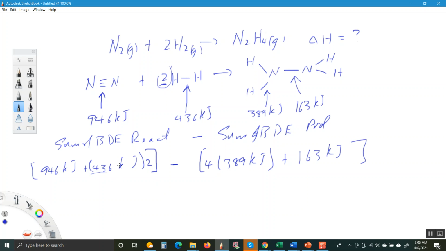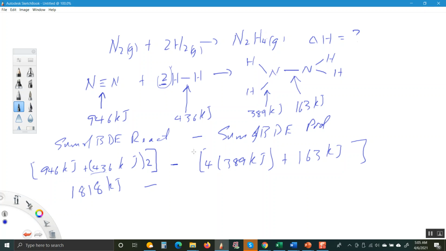So for the reactants, it's 2 times 436 plus 946. And according to my calculations, this works out to be equal to 1,818 kilojoules. And then for the products, it is 4 times 389 plus 163.